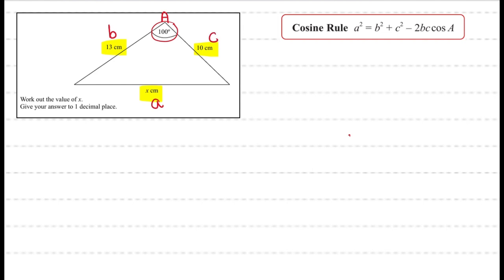Then we just substitute these into our formula and we get x squared equals 13 squared plus 10 squared minus 2 times 13 times 10 times cos of the angle A, which is 100 degrees.